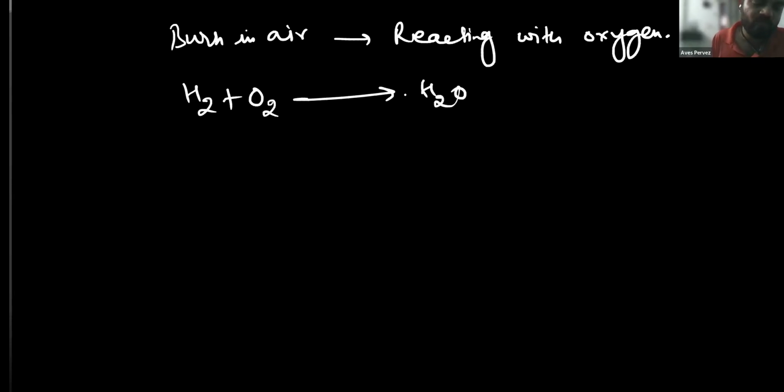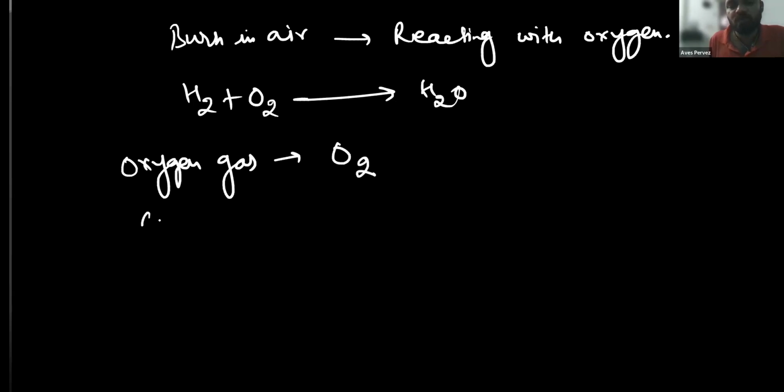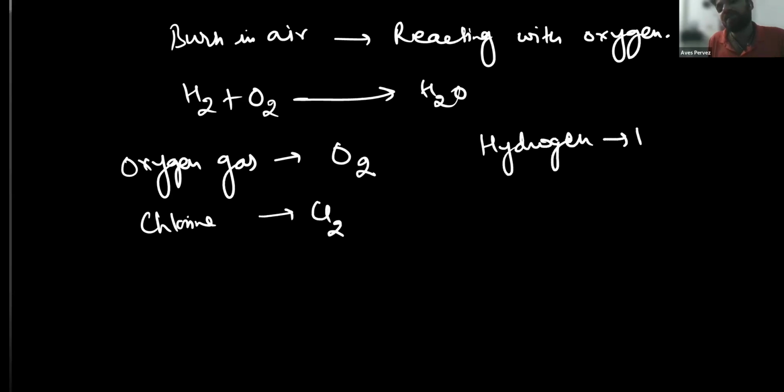Yes, sir. And moreover, whenever we are talking about oxygen gas, it does not mean O, it means O2. Chlorine gas, if it is written as chlorine, it means Cl2. Okay, this hydrogen when it reacts with chlorine, it gives you, so hydrogen, if it is simply written hydrogen, then it is H2, not H. Okay, the metals generally are written as single elements, like Na, like calcium, like magnesium.